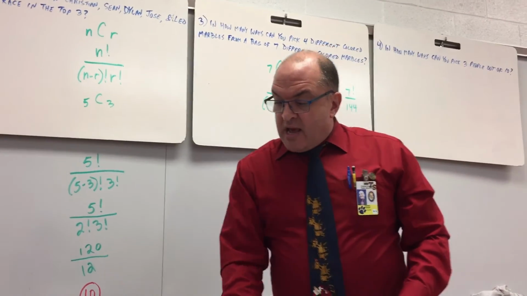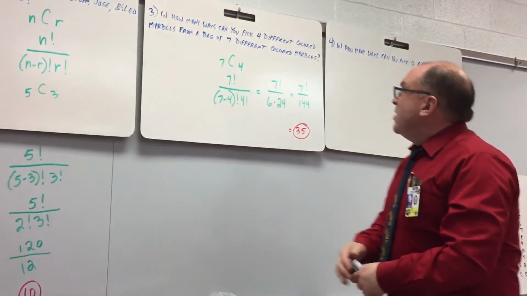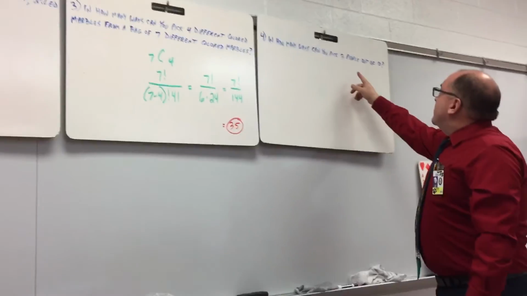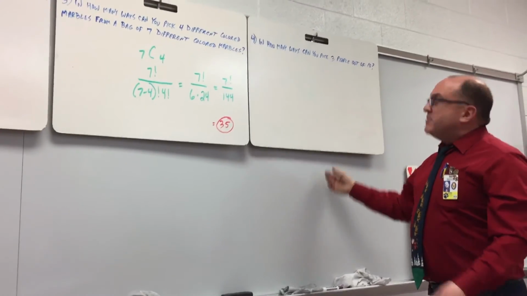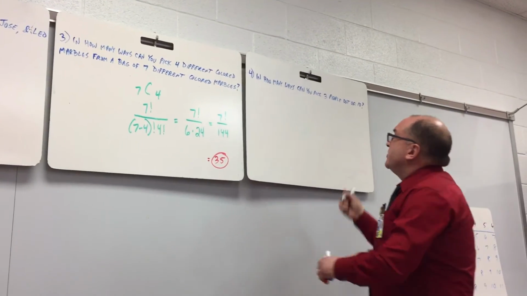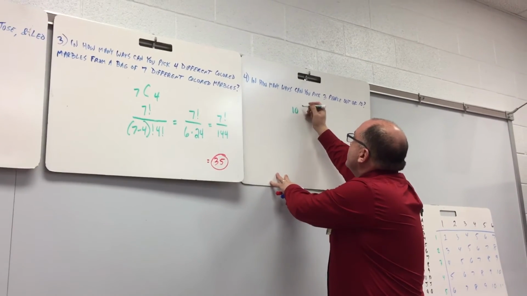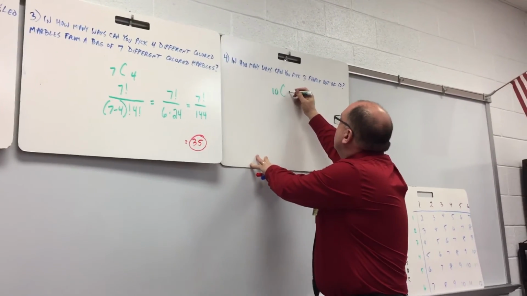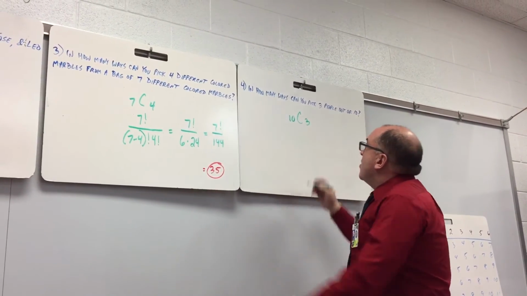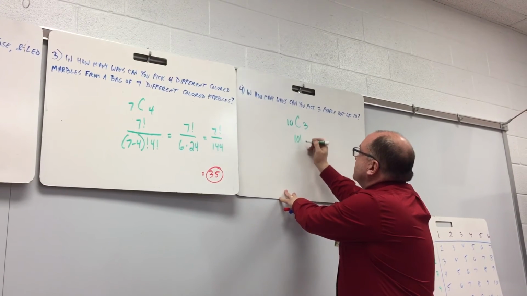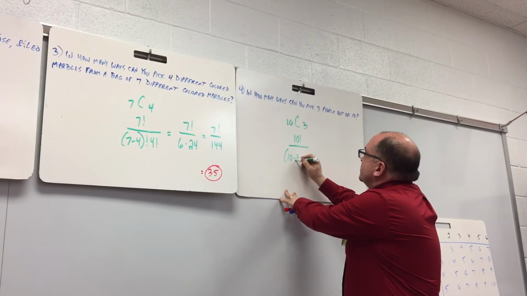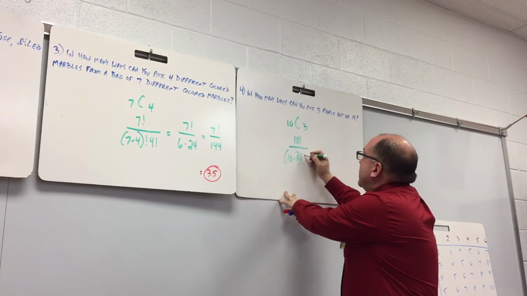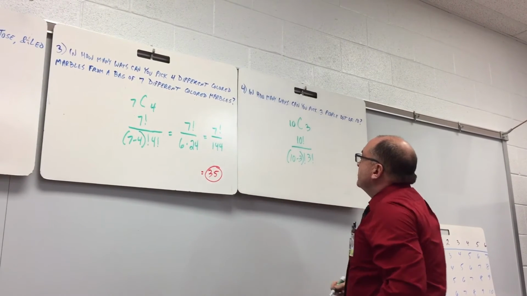All right. Now, let's try one more. In how many ways can you pick 3 people out of 10? Once again, the order does not matter. That's going to be 10 combination 3. Okay? Or 10 factorial over 10 minus 3 factorial times 3 factorial.